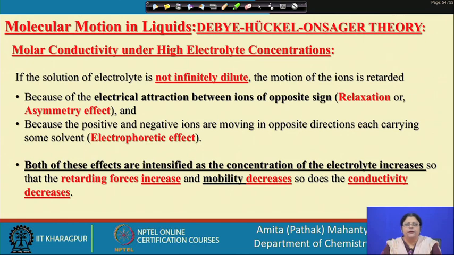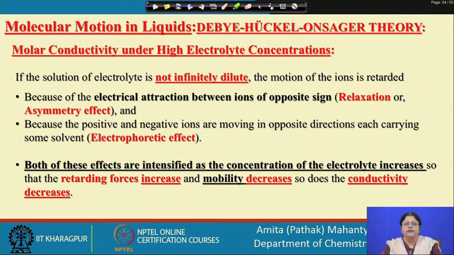Both these effects will be intensified as the concentration of the solution is increased, because, as you remember, the relaxation effect and the electrophoretic effect act opposite to the movement of the charged ion under the electric field.